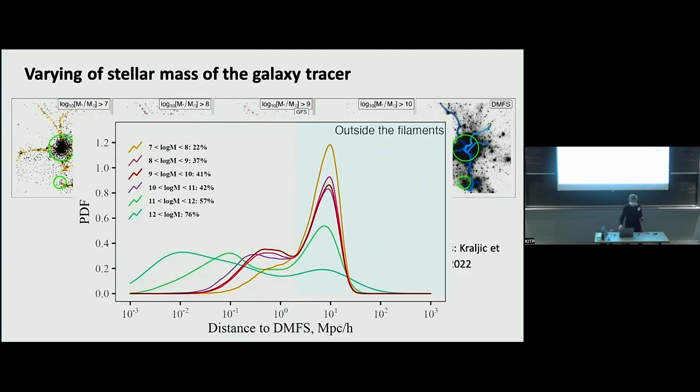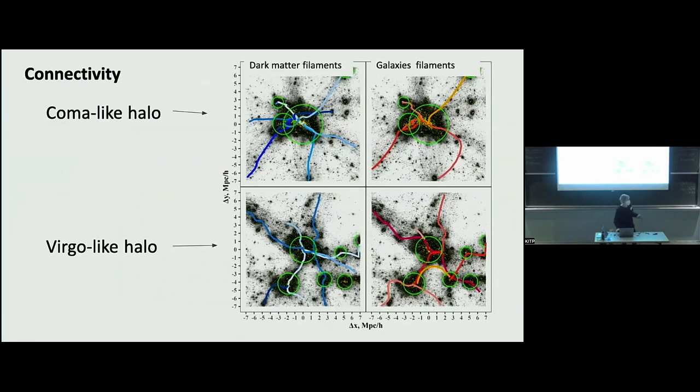And the second parameter to compare filament systems is connectivity. It's the number of unique filaments which go to the halo. From one side, it shows the branching of the system from a geometrical point of view.